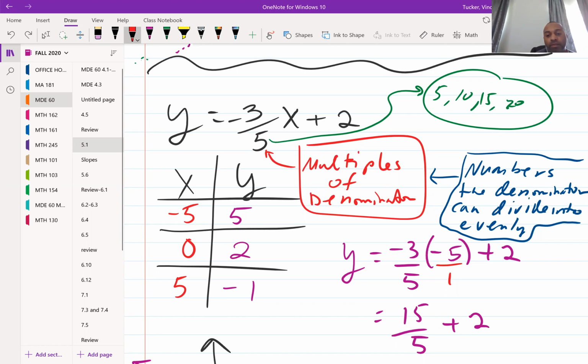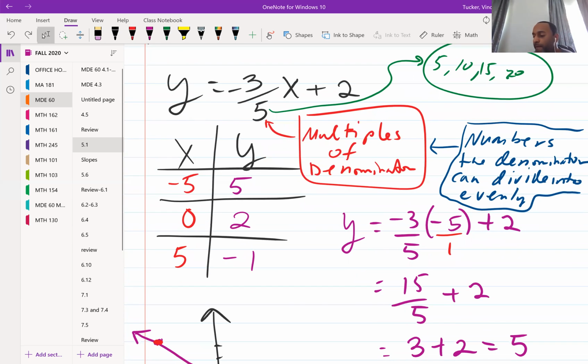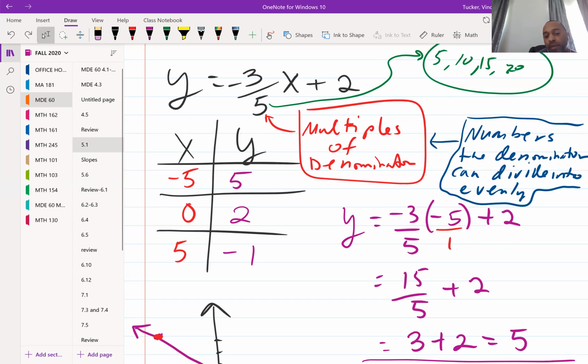So -5 times 3/5. I just went ahead and multiplied across. Recognize that -5 is a fraction. And that gave me -15 over 5. Then -15 over 5 simplifies to -3. -3 plus 2 is -1.